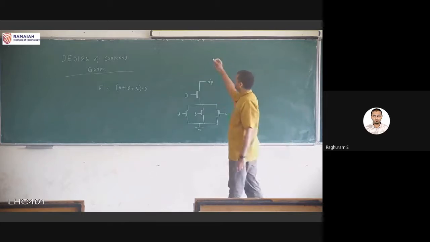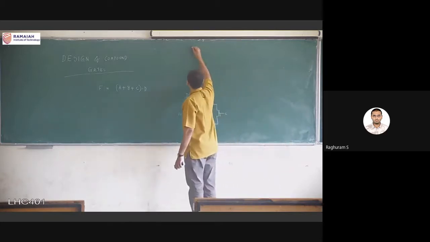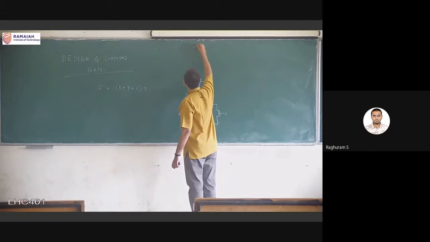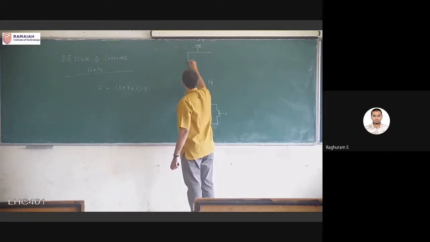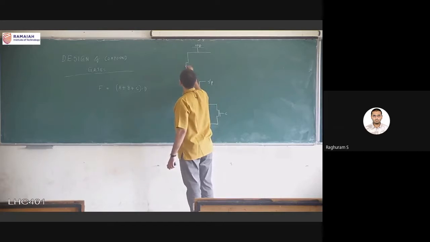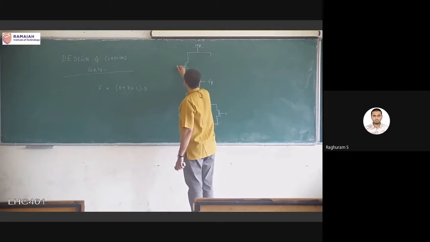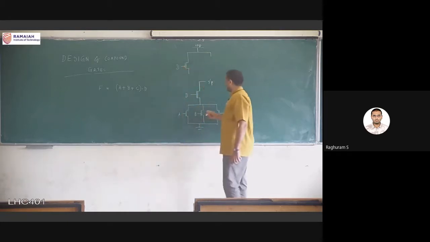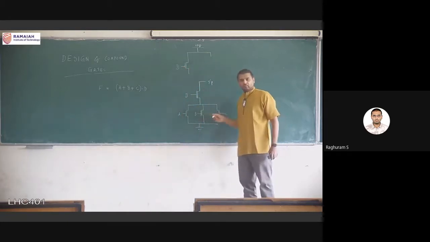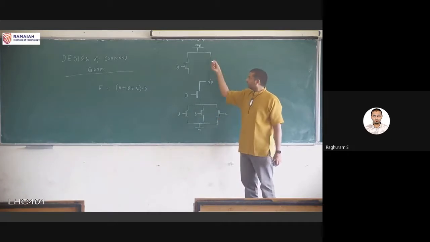Then look for the pull up network. Make this the opposite. So on top I will have VDD, and I have two parallel branches. Here A, B, C are in parallel. So if you're putting that in the parallel branch, don't put it directly as parallel. They should become series.